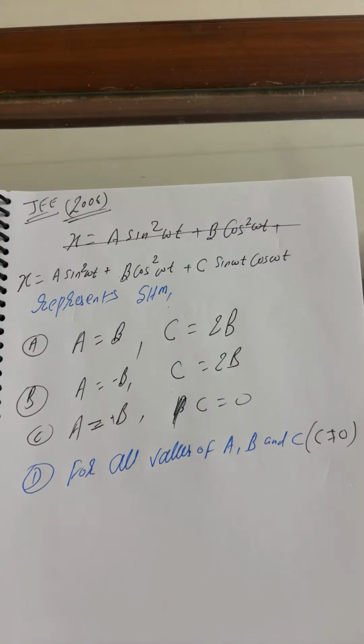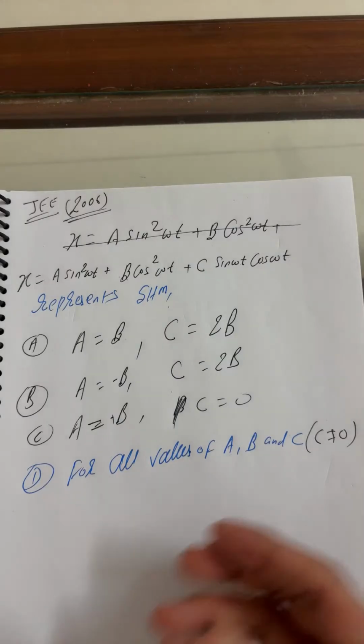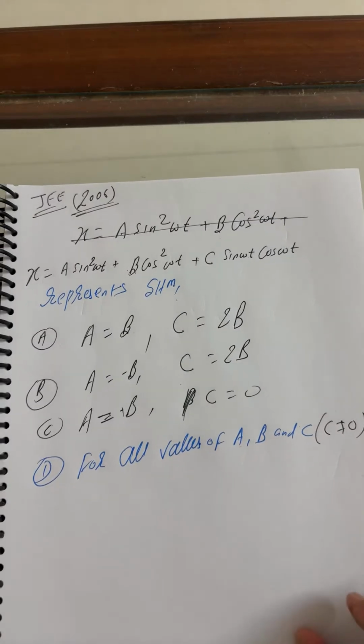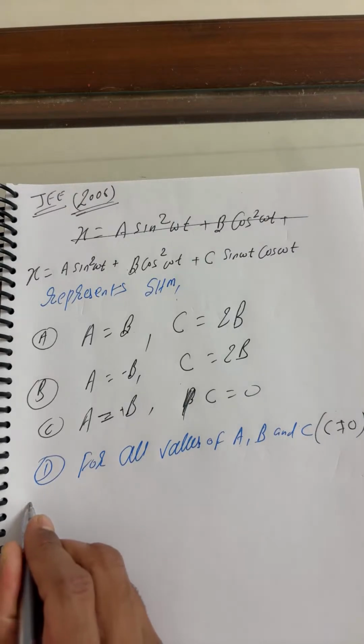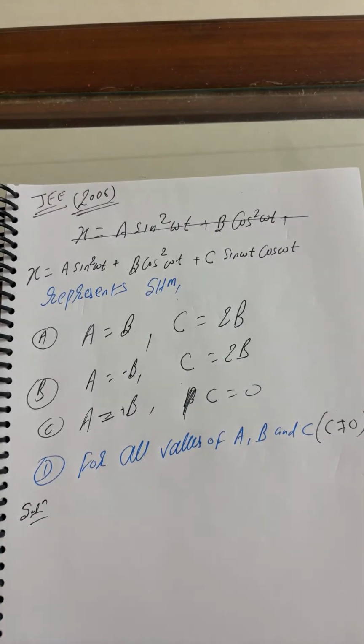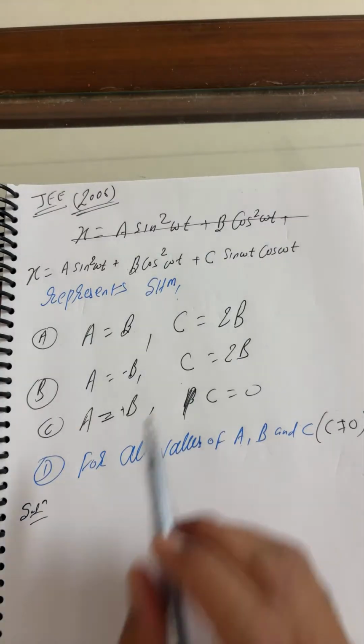So have a look, everyone. What does the question say? For this condition, how can we move toward the solution of this question? Listen carefully, my dear. In the solution, do one thing.